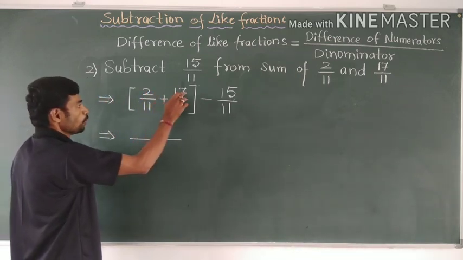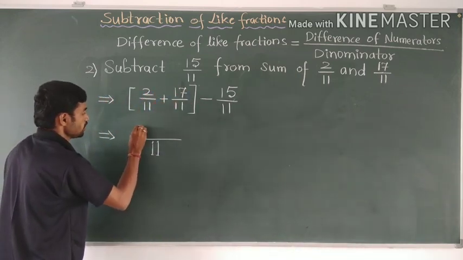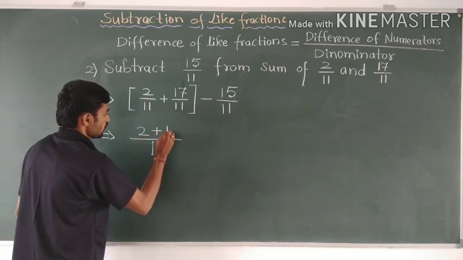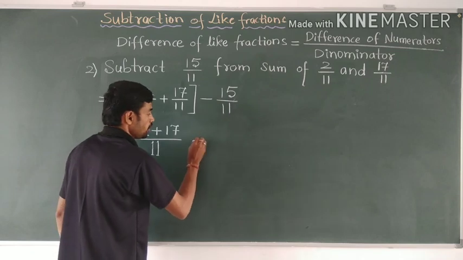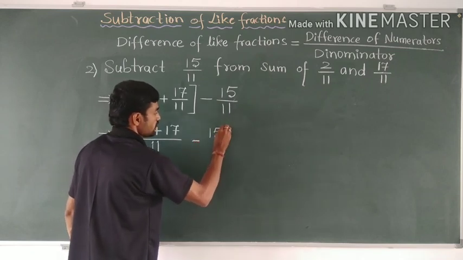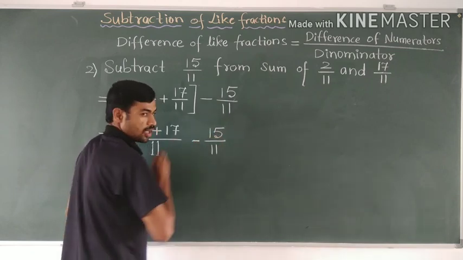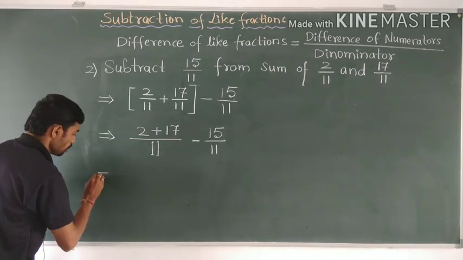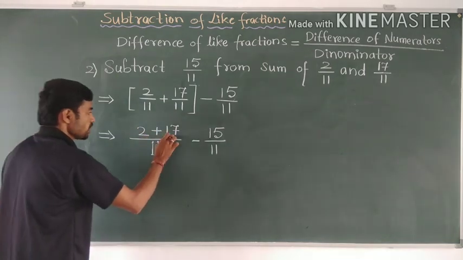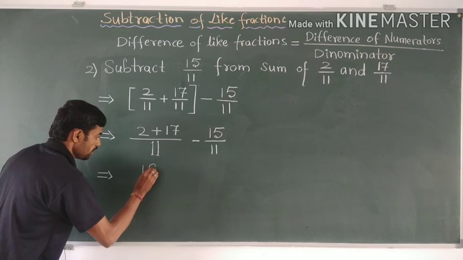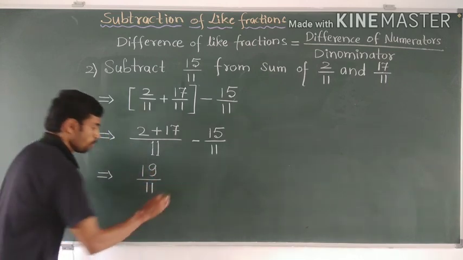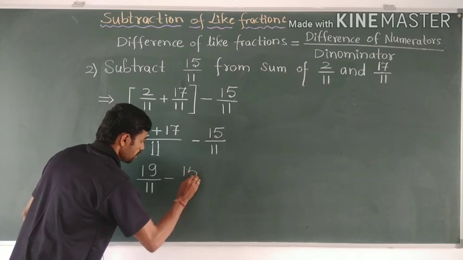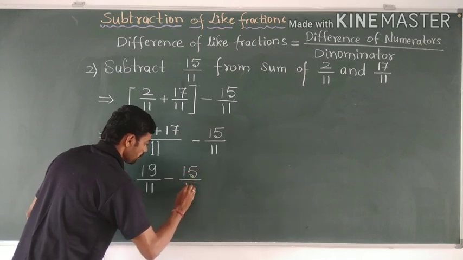Next, 2 plus 17 is 19, so 19 by 11 minus 15 by 11.